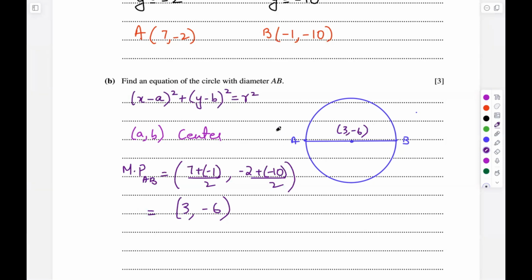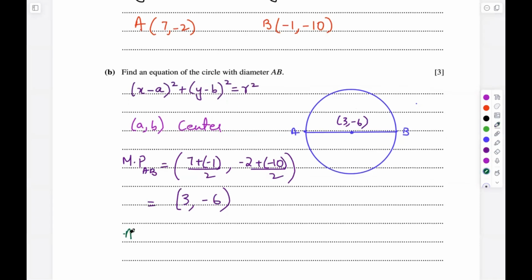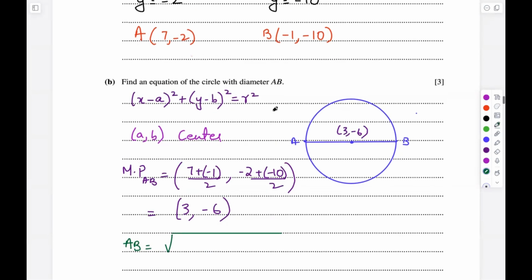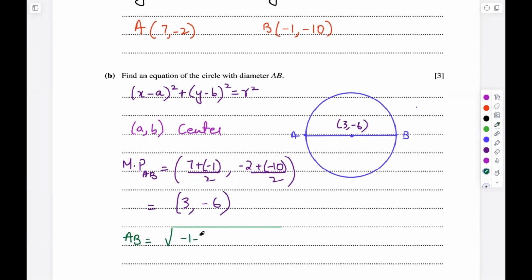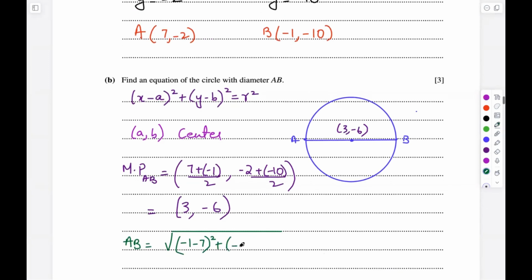To find the radius, we'll first find the distance of AB and then divide by 2. To find the distance, we can apply the distance formula, which is the square root of (x2 minus x1) whole squared plus (y2 minus y1) whole squared. So x2 is minus 1, so we write (minus 1 minus 7) whole squared plus (minus 10 minus minus 2) whole squared.